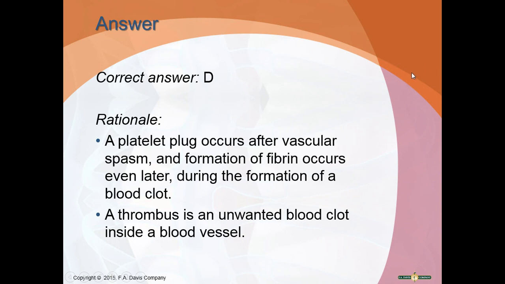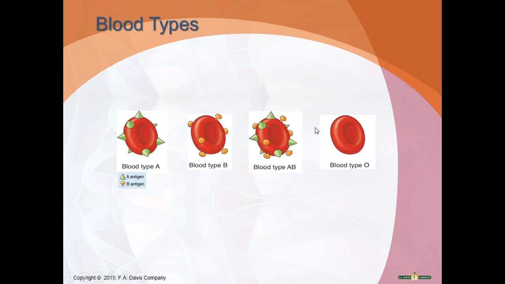The rationale is a platelet plug occurs after vascular spasm, and formation of fibrin occurs even later during the formation of a blood clot, and a thrombus is an unwanted blood clot inside a blood vessel. So the first thing that happens is that vascular spasm. That's the very first thing we're going to see.